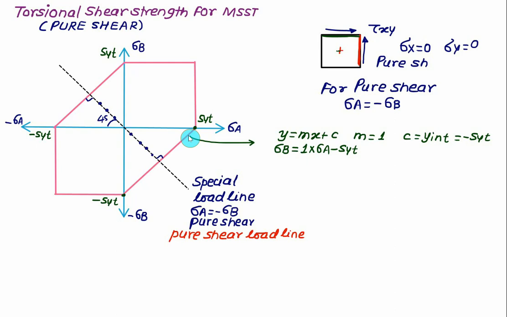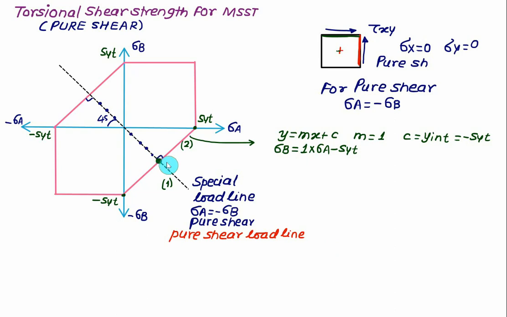So this line and these two lines: line number 1 is representing the pure shear load line, and line number 2 represents the boundary condition. So we can find the intersection with the boundary, and that value is called the torsional shear strength in the case of MSST.